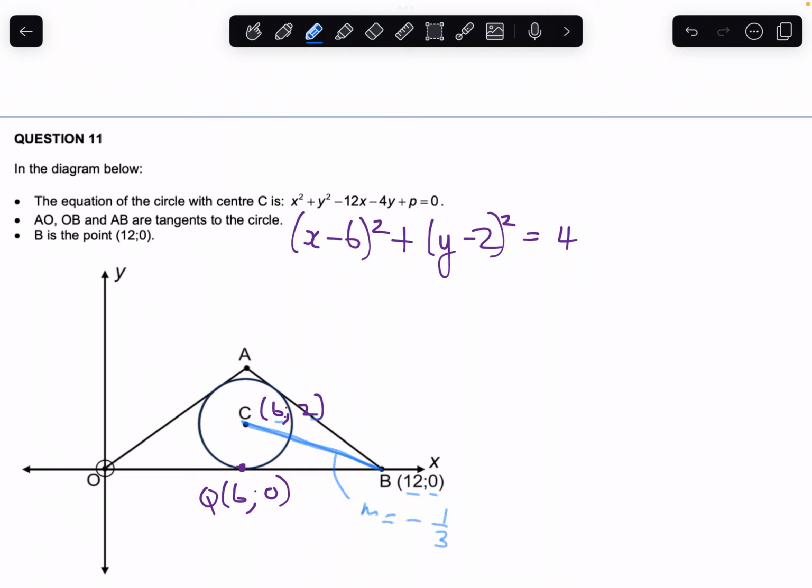Okay, and then they say draw CD, radius perpendicular to tangent OB at D. Radius perpendicular to tangent OB. Oh, so their D is Q. Yes. Okay, so we constructed that for our previous question.